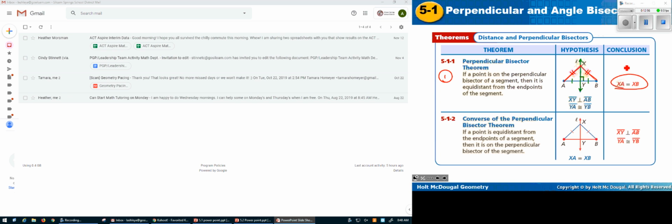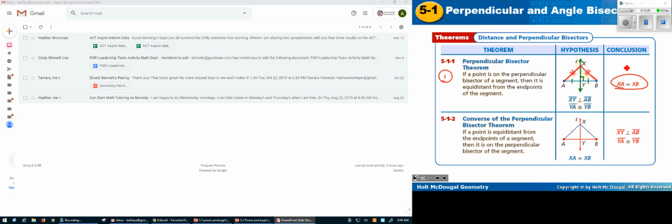Okay, the converse. Here's how I remember the difference between the two. For the perpendicular bisector theorem, the picture is going to show you that you have a perpendicular bisector with a perpendicular mark and bisecting marks. When you look at the picture, they show us that it's a right angle, they show us that it's been bisected. When you look at the converse, it does not show you a right angle or bisecting marks. Would you agree? So you don't know that you have a perpendicular bisector.